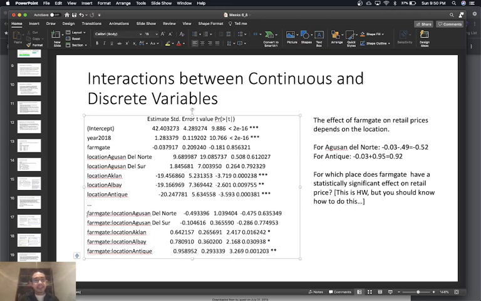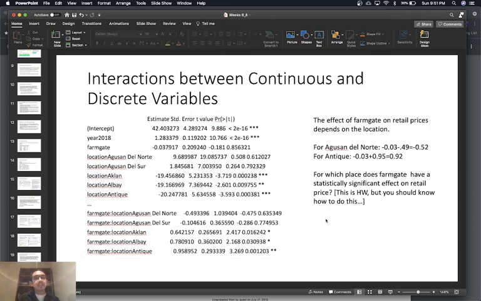That's the interpretation of the interaction coefficients here. Is there a statistically different relationship between farm gate and retail price between Agusan and the base case, which is Abra? And the answer is negative 0.49, but it's statistically insignificant. So there is no statistically different effect between Agusan del Norte and Abra.